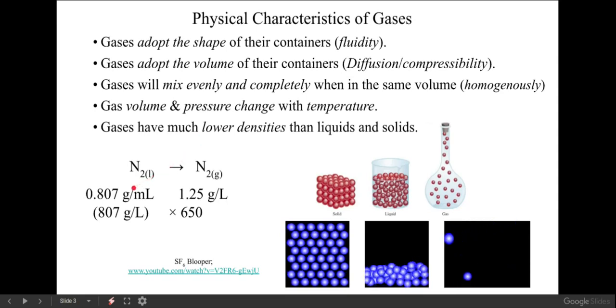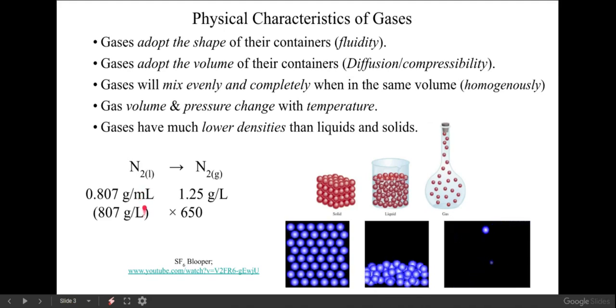Again, just for comparison, if you were to take liquid nitrogen, it has a density as a liquid of 0.807 grams per milliliter, or 807 grams in a liter. This is liquid nitrogen below 77 Kelvin, so really cold.